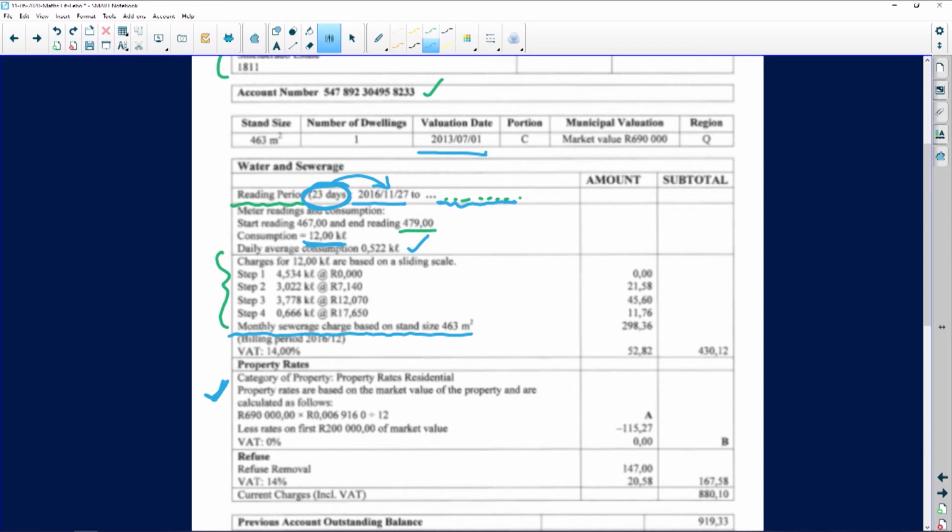So it depends on what the market value is at that particular time. So it's something that is not going to stay the same every single time. So we can write that as a variable. And we can also write something else as a variable, being the monthly sewer charge. This can also be your variable because it's not going to be the same every single month. It's going to depend.